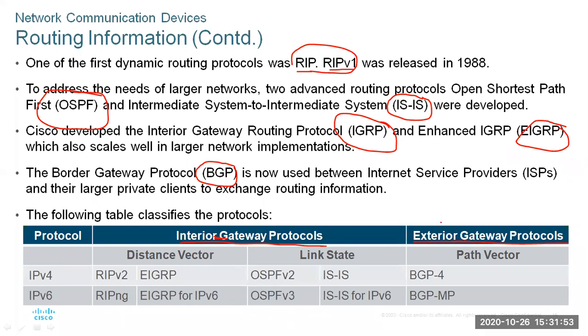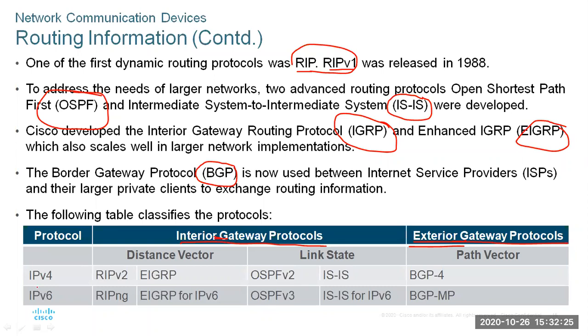If you want to interconnect with another network that is excluded from yours, maybe an ISP or another organization or somebody else, you want to connect your own network to another network that is not managed by you, then you use your exterior gateway. But you can use interior gateway when you are connecting your devices within your network. All right, within your network.